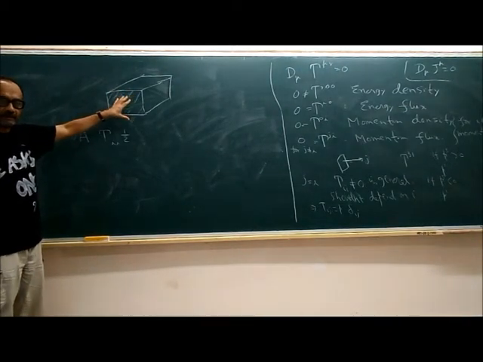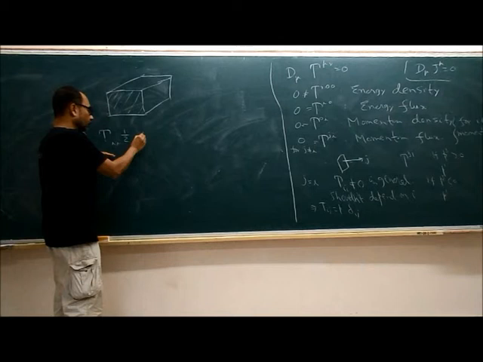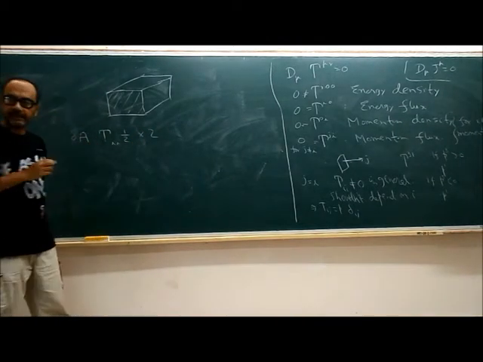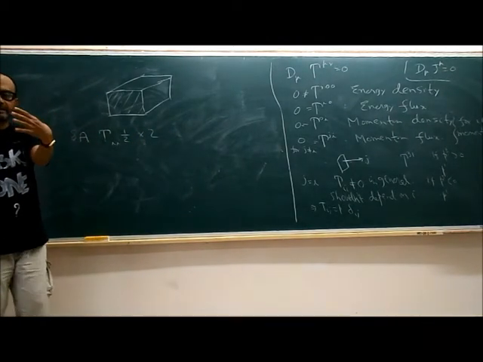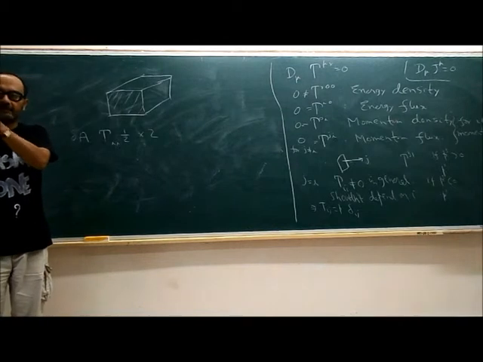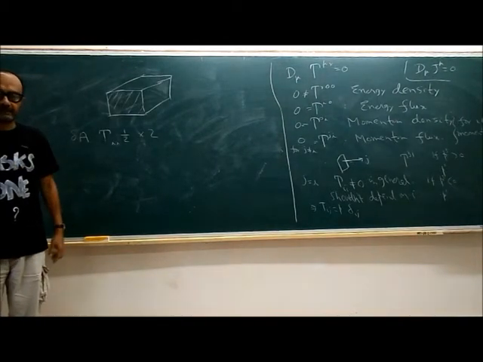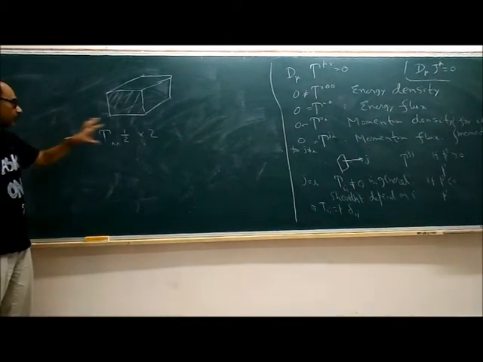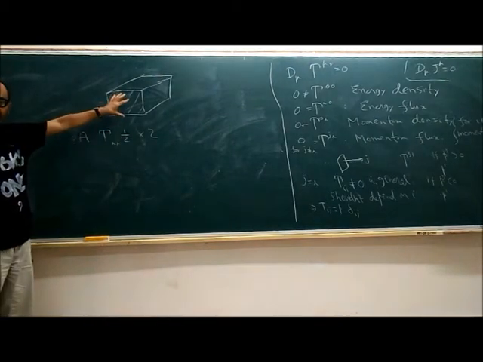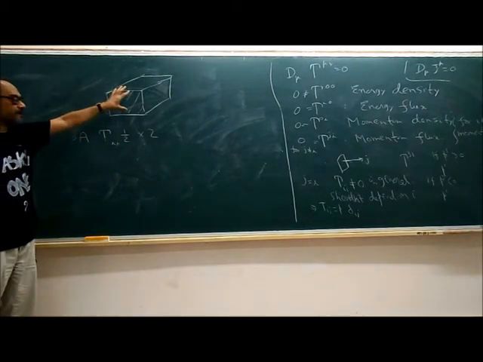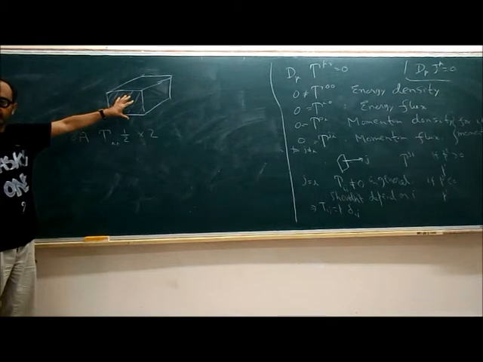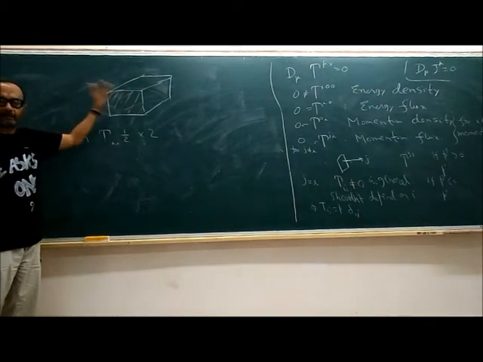This times 2. A certain amount of momentum gets incident and it gets reflected back with exactly opposite sign in the normal direction. So this is the total rate of momentum being transferred to this box per unit time, because the particles come in and go back.